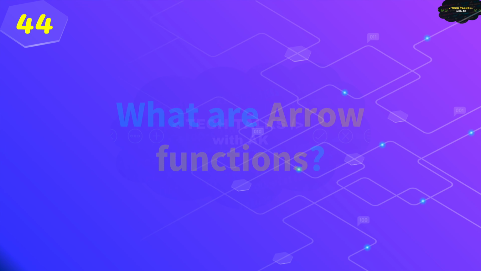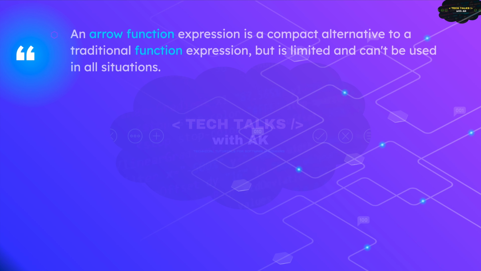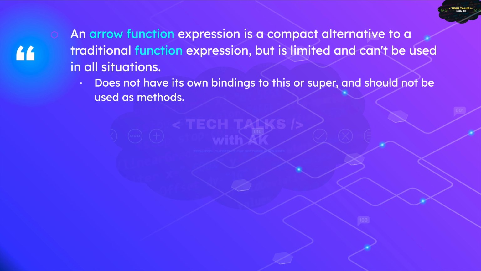Our next question is, what are arrow functions in JavaScript? And the answer is, an arrow function expression is a compact alternative to a traditional function expression, but it is limited and can't be used in all situations. Arrow functions do not have their own binding to this or super and should not be used as methods.